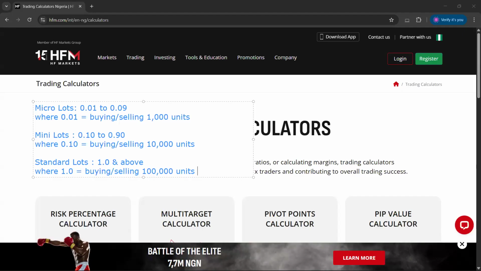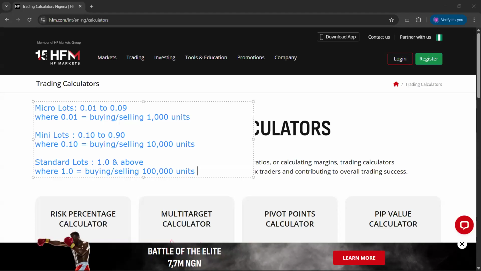But you need to understand that for every single lot size we have in the market, there is only one reason why the broker requires you to set up a lot size or a position size in the market. It is to define what level of exposure you want to have on that particular trade. What level of exposure do you want, in the sense of how much do you want to be losing per movement and how much do you want to be making per movement?